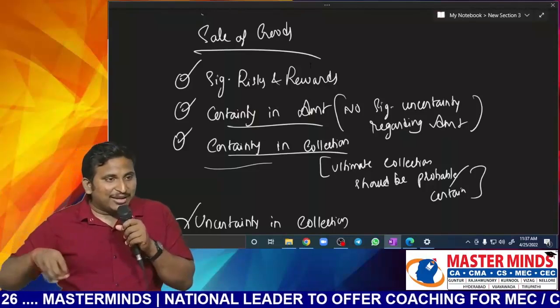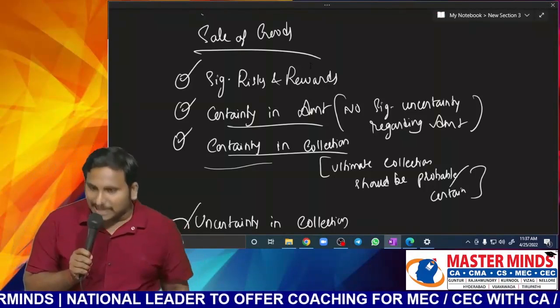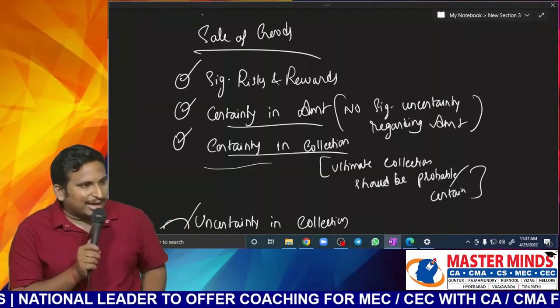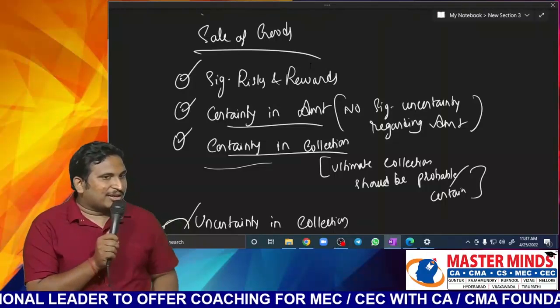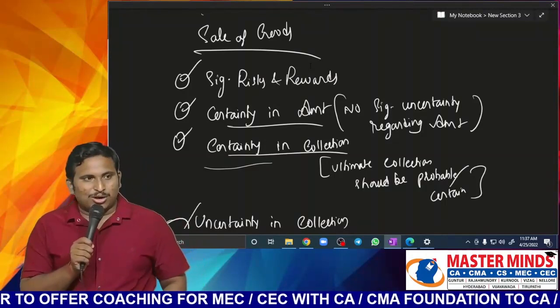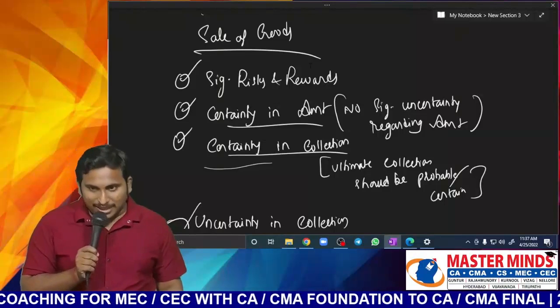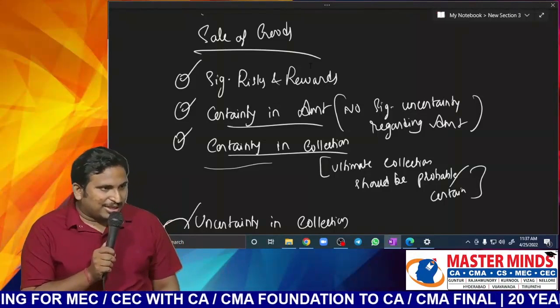But for deciding when risks and rewards are transferred, we actually have different scenarios. That is what we learn as special situations in the sale of goods. Sir, normally it is not based on possession alone, it is based on billing. When you have done the billing, at that time you feel that the sale is complete.